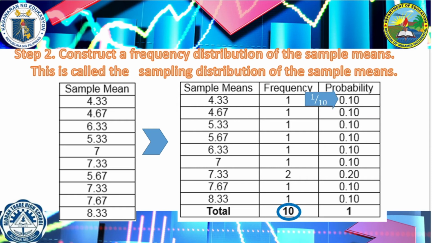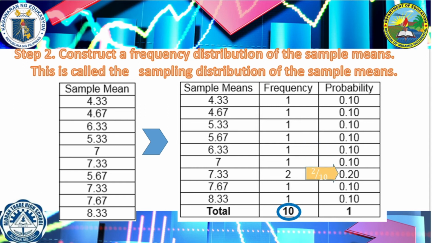The first frequency is 1 divided by the total of 10, so our first probability is 0.10, followed by 1 divided by 10 gives us the same probability of 0.10. We continue doing so until the last part.